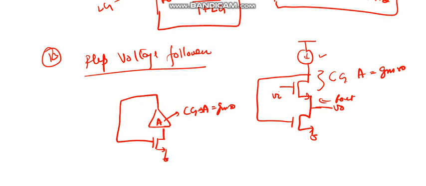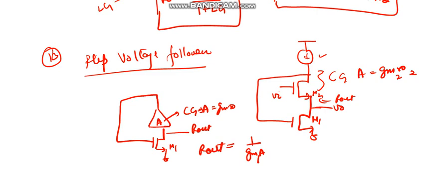So now we need to find Rout. There is a gain in this feedback path, so Rout equals 1 by GM A. So this is M1, so you can say GM1, this is M2, GM2, RO2.